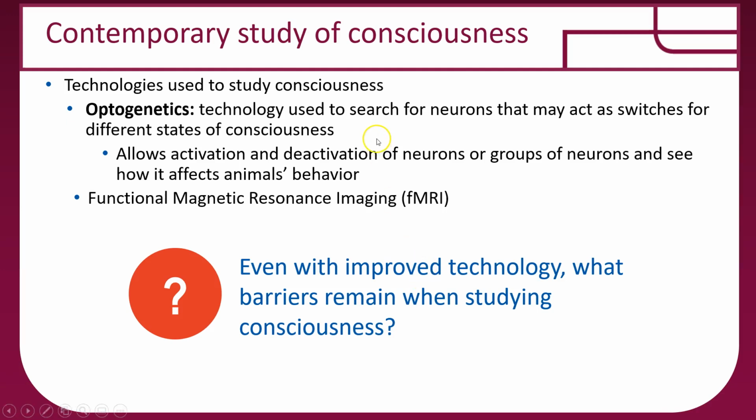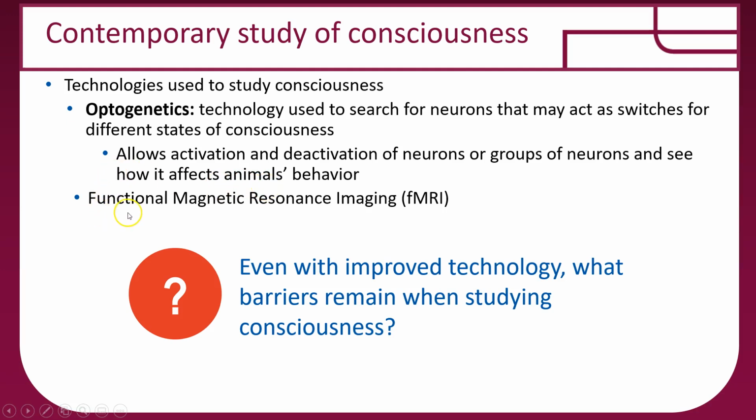Contemporary studies of consciousness use technologies such as optogenetics. This is a very cool, new technology that's used to look for neurons that may act as switches for different states of consciousness. And by doing so, it allows scientists to activate or deactivate neurons or groups of neurons to see how it affects an animal's behavior.